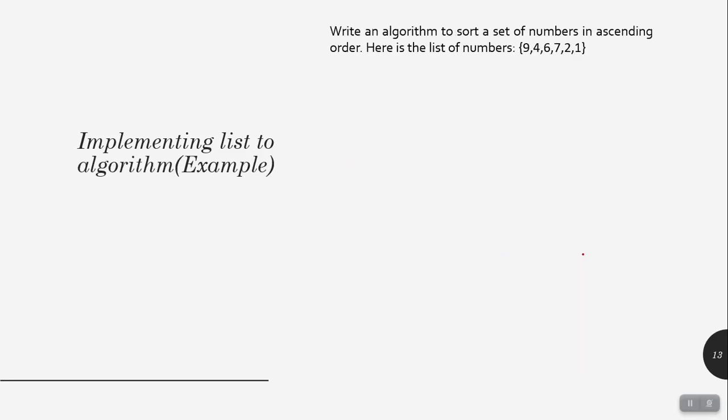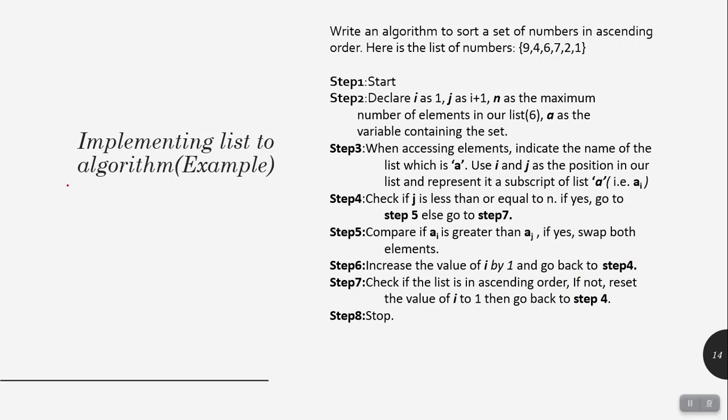Okay, so implementing list to algorithm. It's just one example. Write an algorithm to sort a set of numbers in ascending order. So here is the list of numbers. Step 1, start. Step 2, declare I as 1, j as I plus 1.